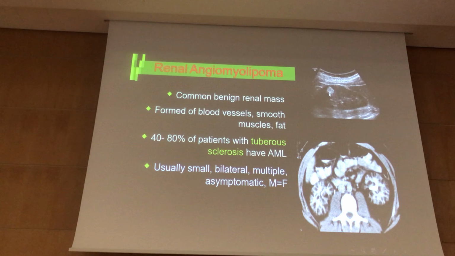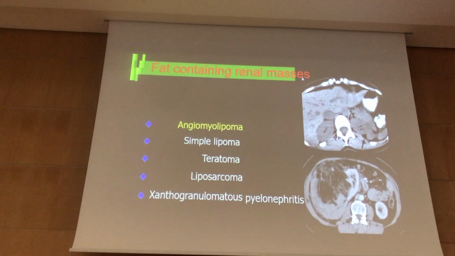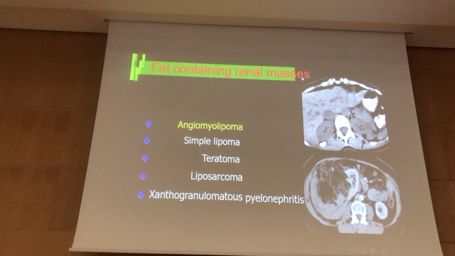Okay. Doctor, can you go back to the previous slide? You want me to go back to this? Yes. How would you differentiate that this is lipid? This is fat. If you look, this is the mesenteric fat. This is not the air. If you measure the Hounsfield unit, it would be very similar to the fat. You see, this is the subcutaneous fat here.